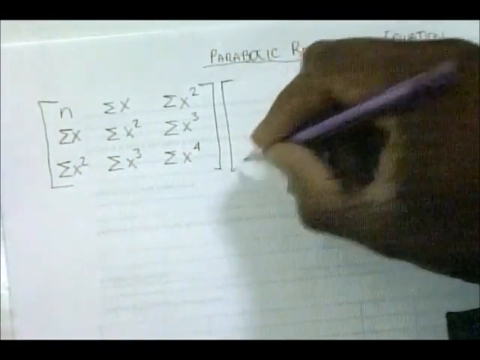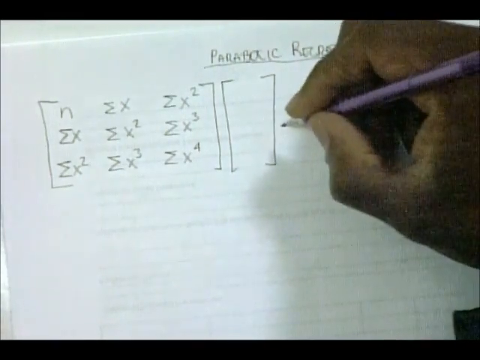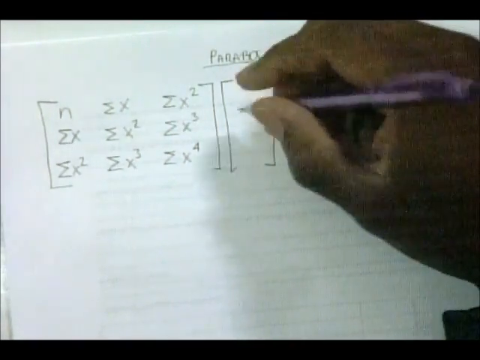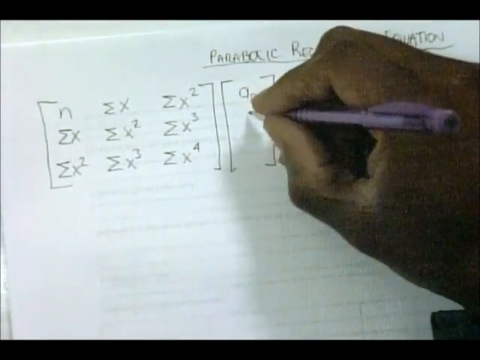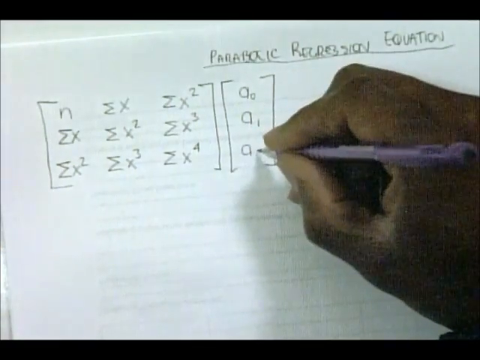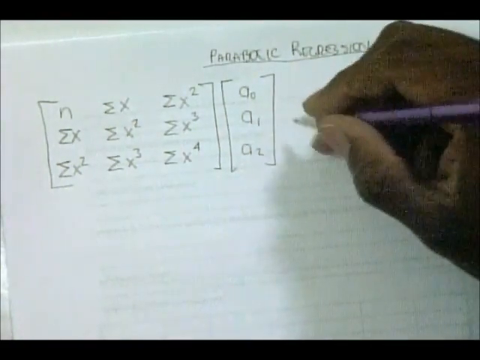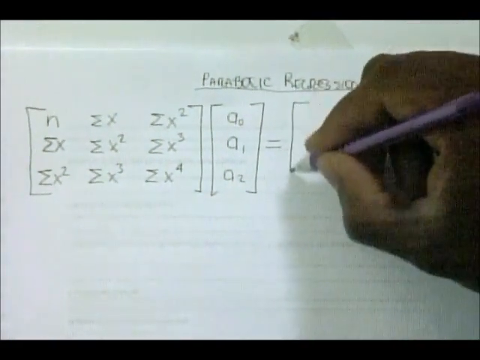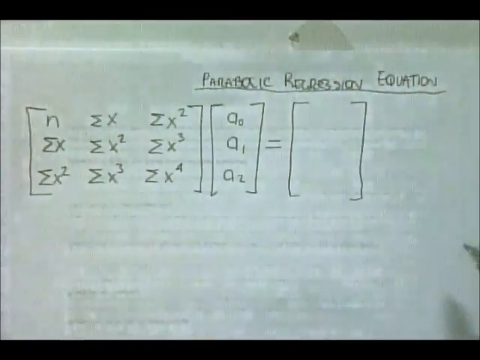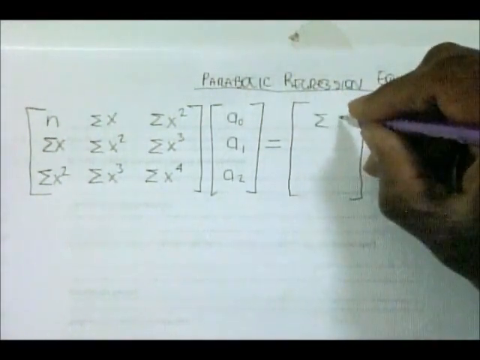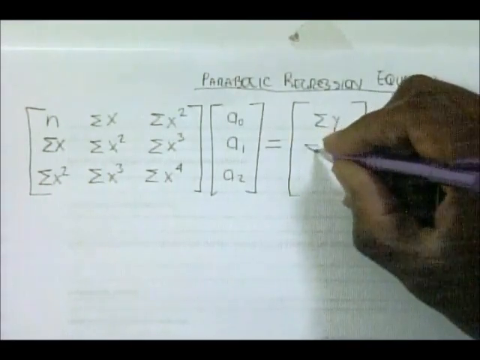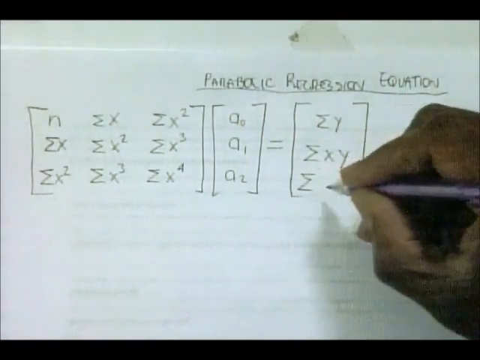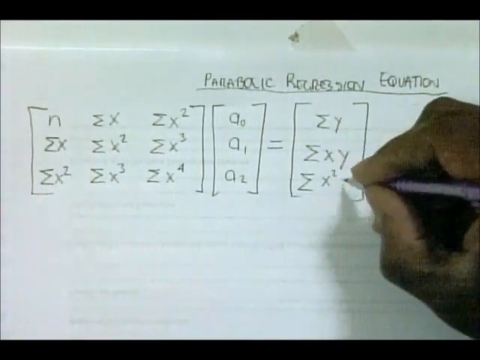And that's going to be multiplied by our solution, the three elements of which would be a0, a1, a2. This is actually our solution, and that is going to be equal to another matrix where in this position we have the summation of y, the summation of xy, we know that, and then the summation of x squared y.